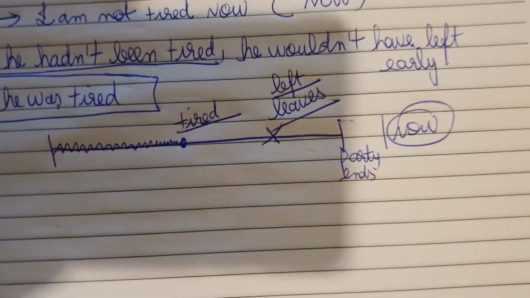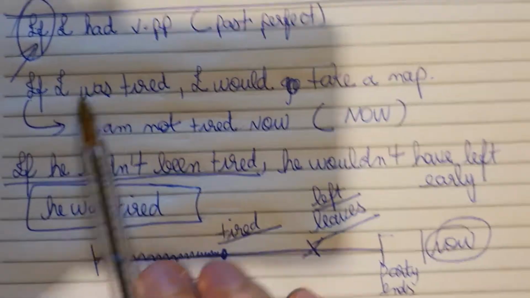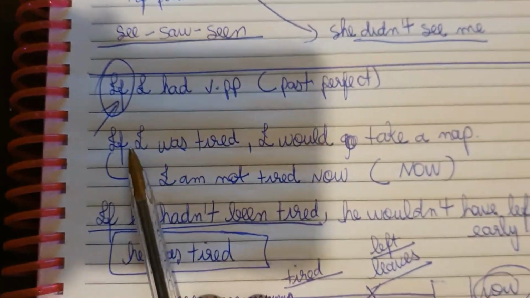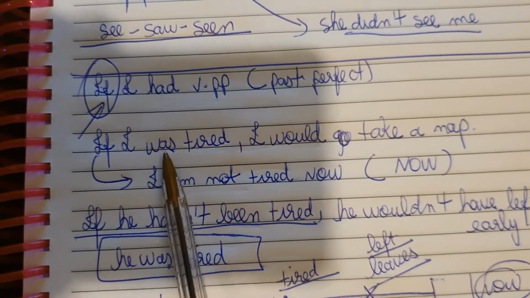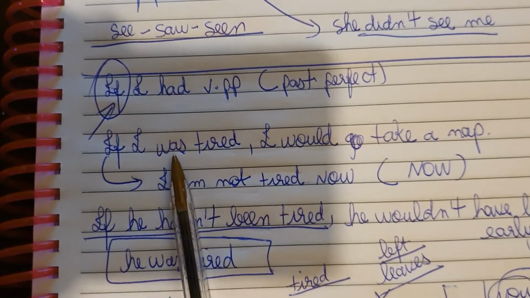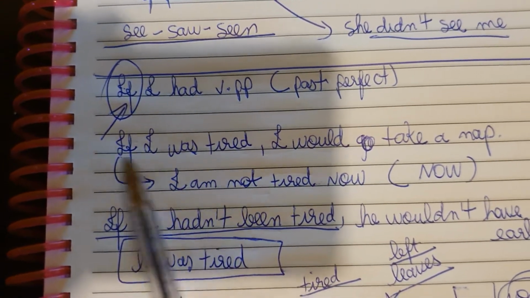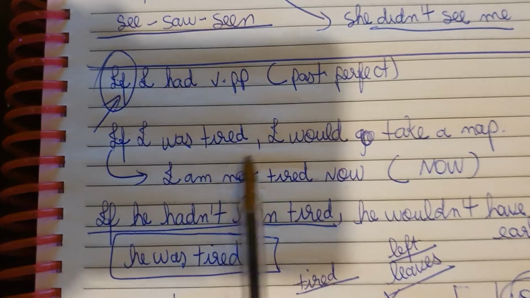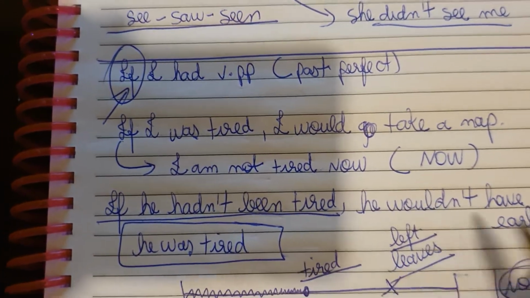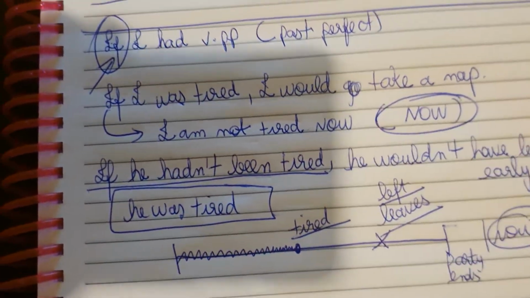So you see the difference? When you use the conditional sentences with the simple past in the if part of the sentence, it's not a past situation, it refers to now.